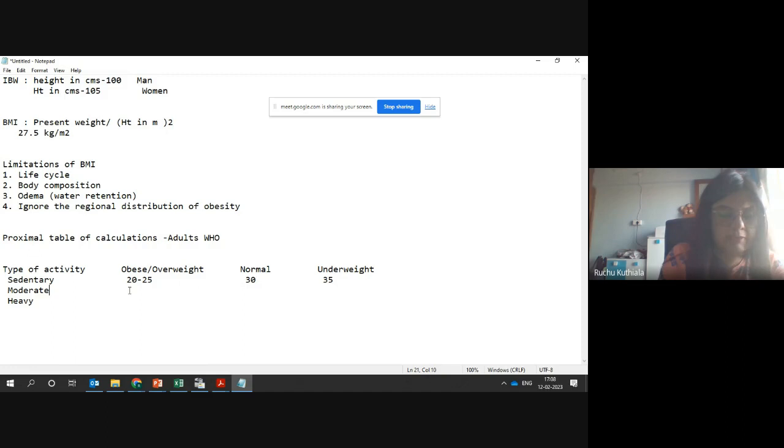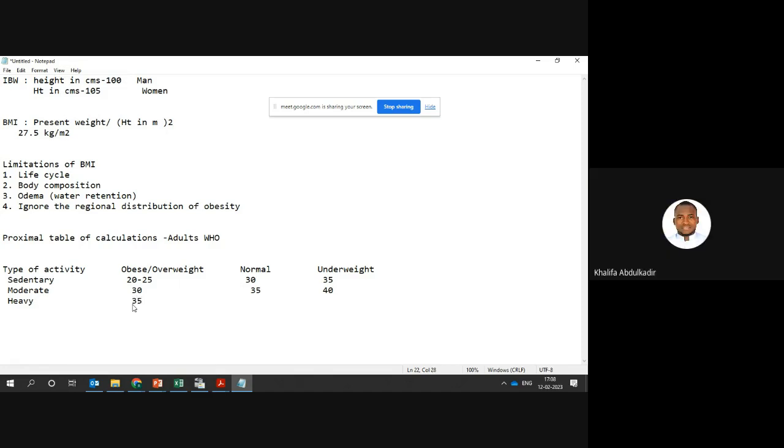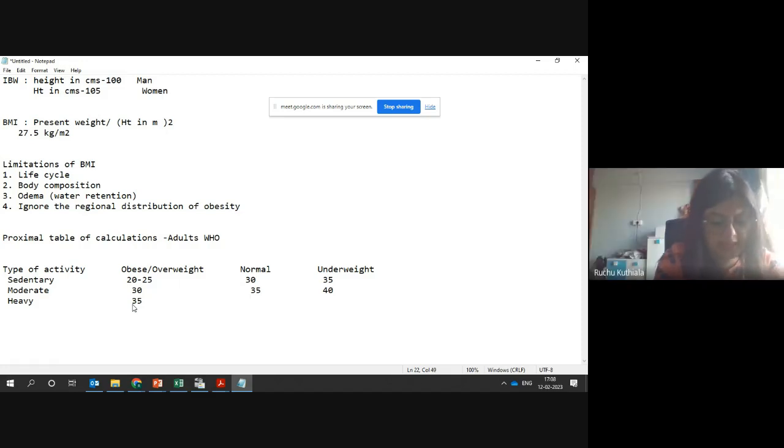You just draw this table first, then I'll make you understand. Are you all able to see now what I'm doing? Yes, ma'am. Copying. At least you do this first, then I will make you understand.